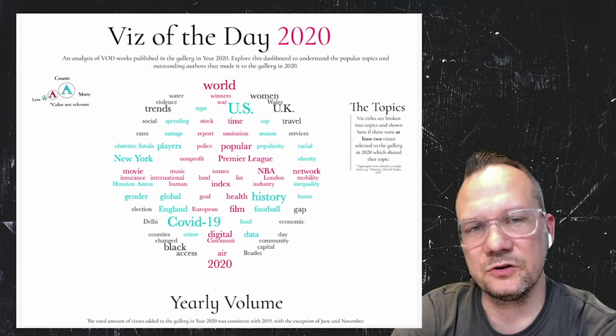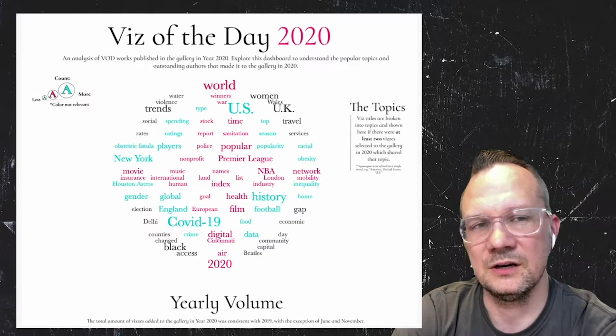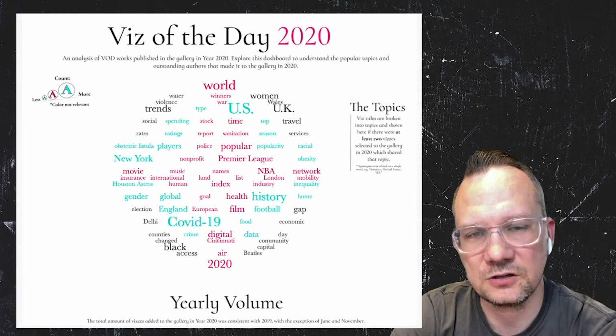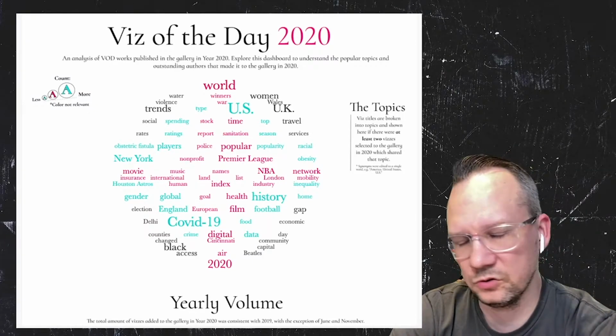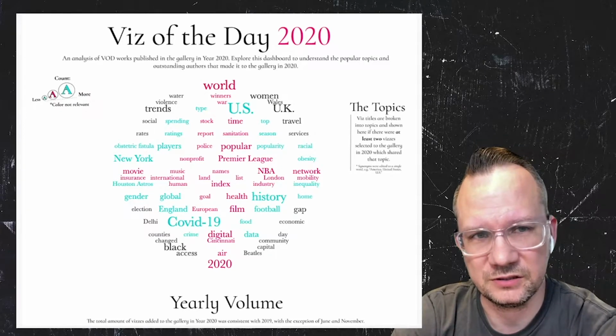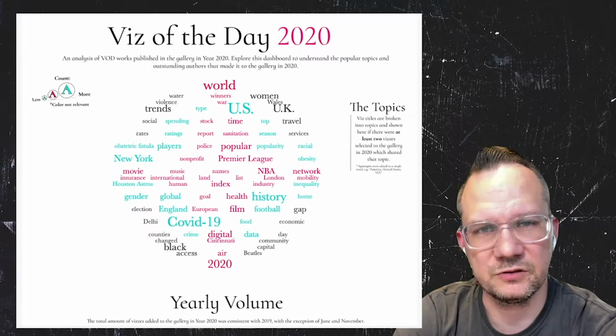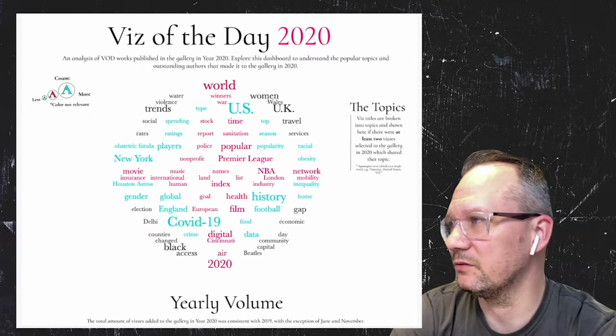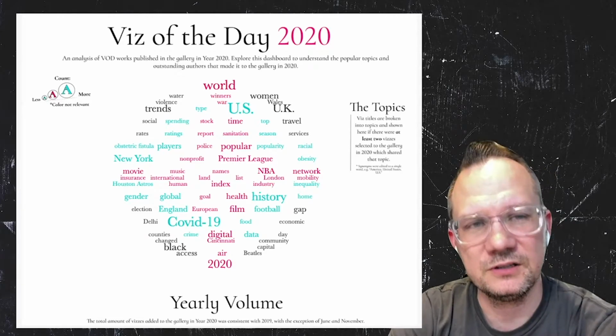I think the word cloud works really well for this because it is very exploratory type of chart. Usually in a business world, we would not recommend using word clouds. But here, I think it works because it's meant for discovery, right?